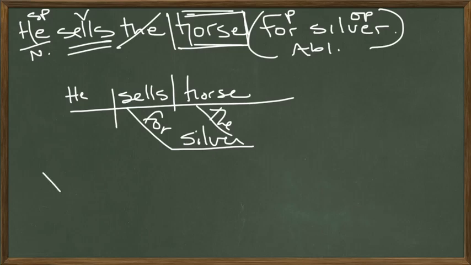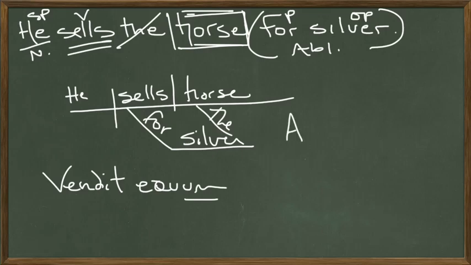Alright, in Latin, vendit, he sells just one horse. Equum, that's accusative singular right there, equum, and he sells it for silver. The word for silver in Latin is argentum. Take a wild guess. What did the early Spanish discover when they colonized Argentina?